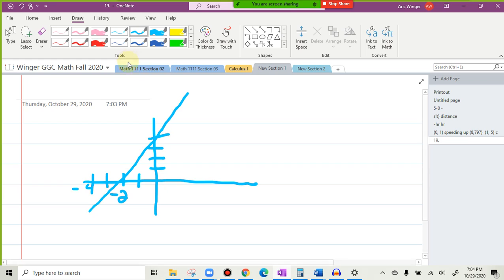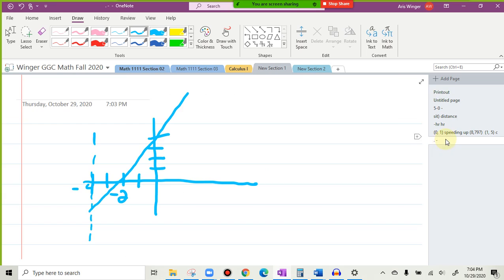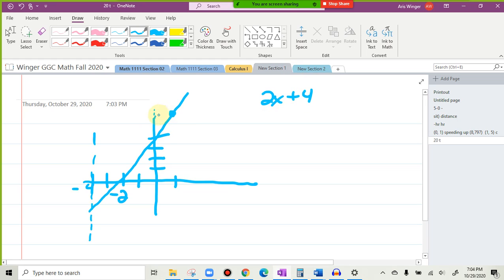But I care about the net area from -4 to 1. And so at 1, up here, when you plug in 1 into 2x plus 4, that's 6. 1, 2, 3, 4, 5, 6.